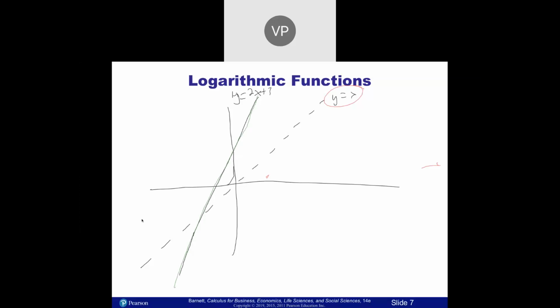I'll do my best to draw this. This is the inverse. So you see how everything sort of moves? That becomes over there. Imagine those are the same length. Everything flips around this, and these are all supposed to be exactly the same distances, but here's the inverse of that function.